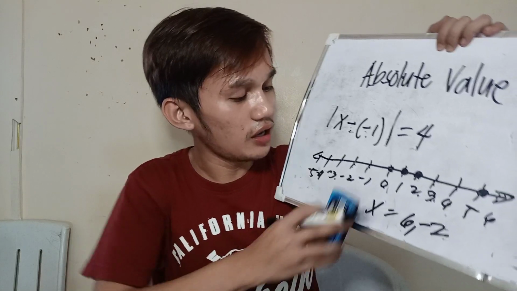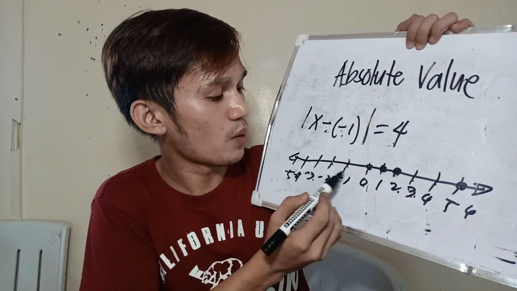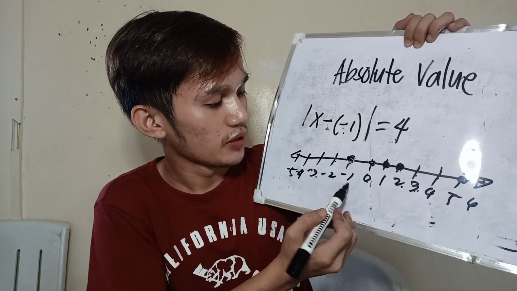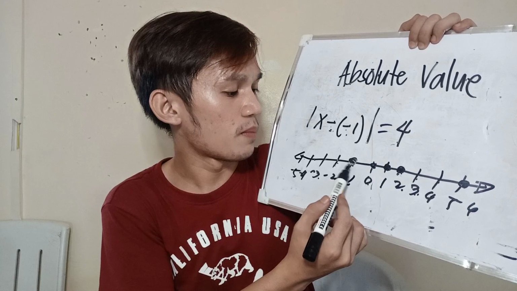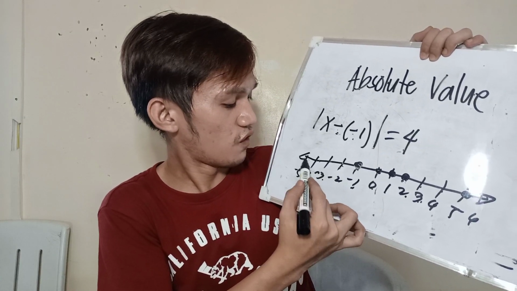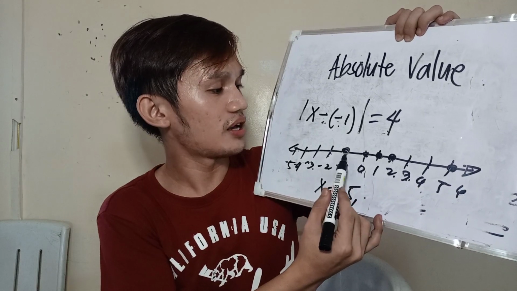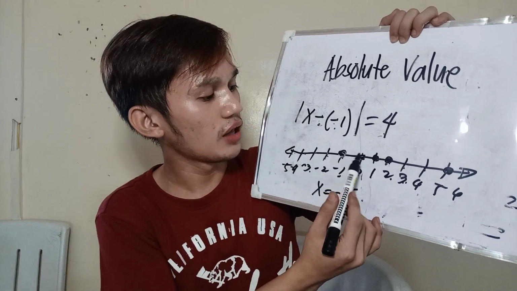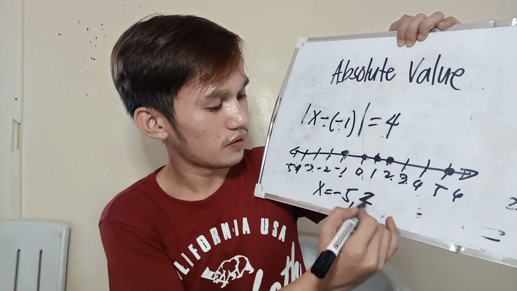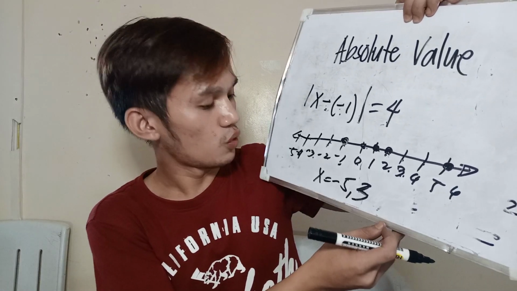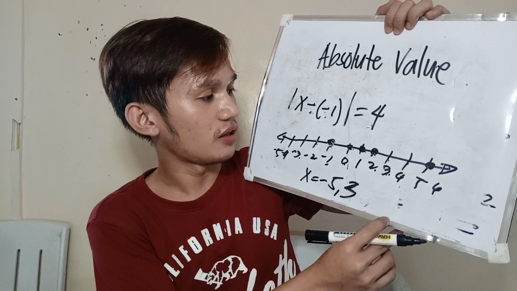So your starting point is negative 1. Negative 1, 4 units away: 1, 2, 3, 4, so negative 5. And the other one is from negative 1 going to the right: 1, 2, 3, 4, so you have positive 3. So the possible values of your x are negative 5 and positive 3.